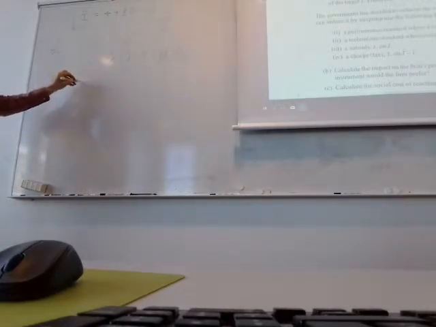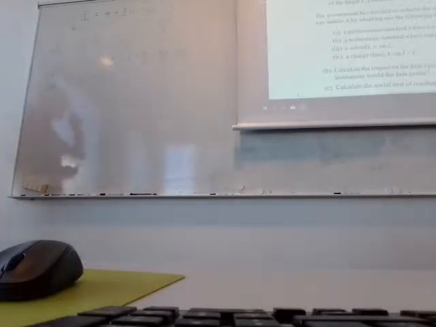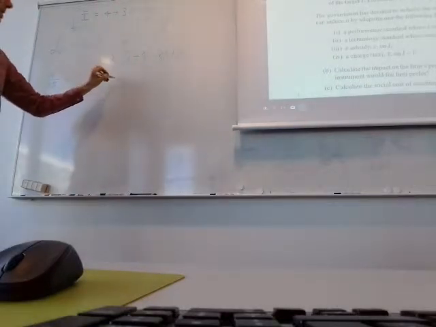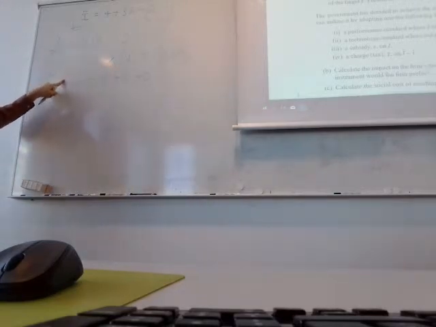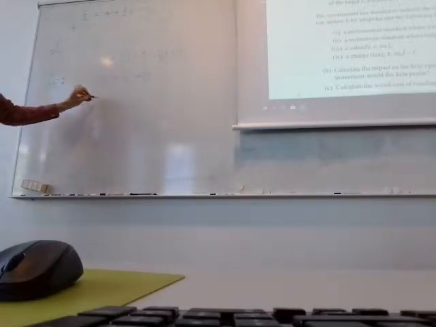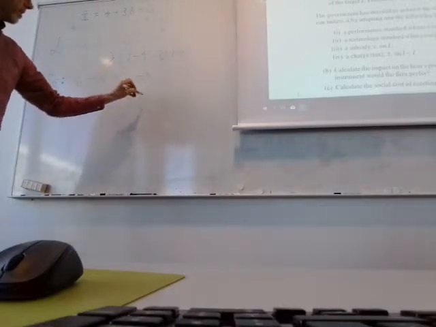dL/dq is 16 minus 4q. Oh, this is where I went wrong, isn't it? Plus lambda equals naught. So that's one first order condition, and then the first order condition in a is going to give minus 2a minus 3 lambda equals naught.